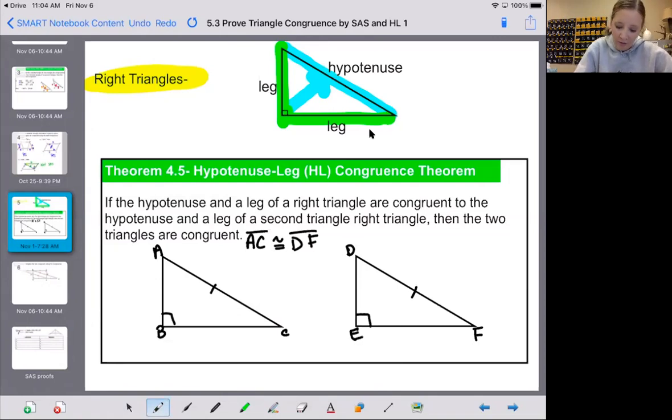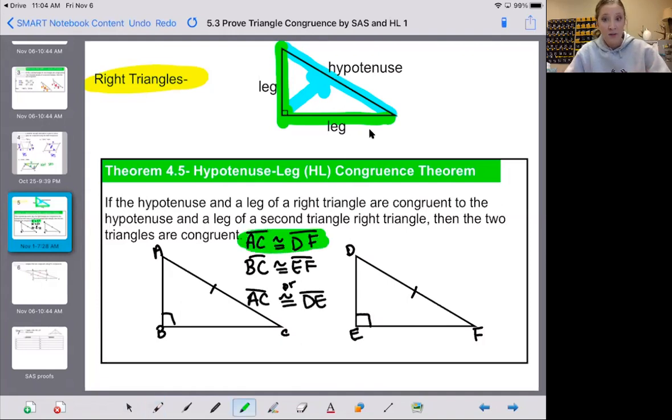So you could have segment BC congruent to segment EF, or segment AB congruent to segment DE. So you must have the two hypotenuses, but then from the legs, you can choose either one of, I guess in this case, the vertical legs or the horizontal legs. Either one is enough information.